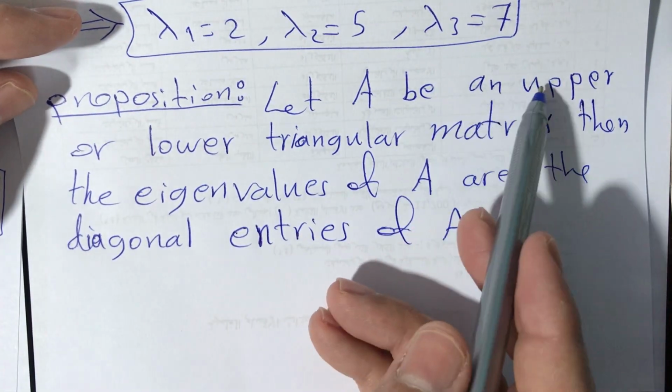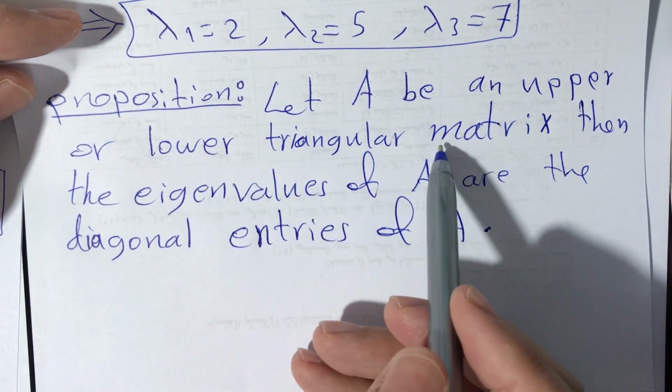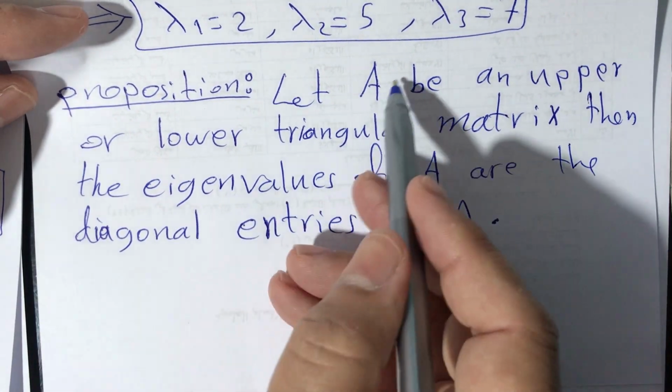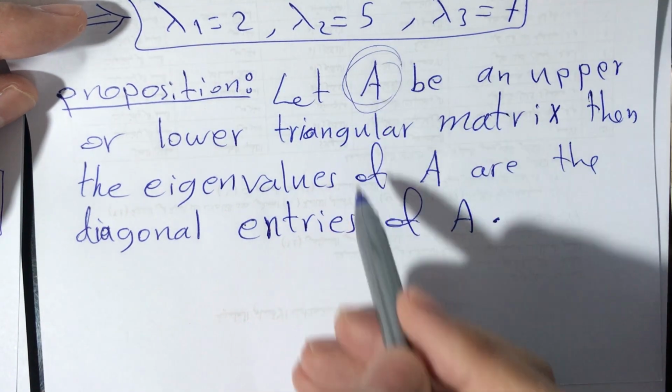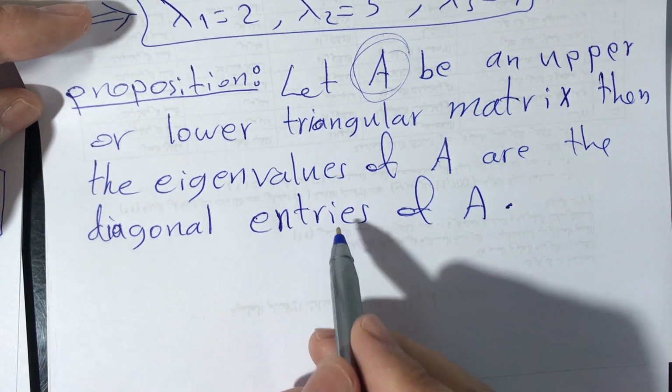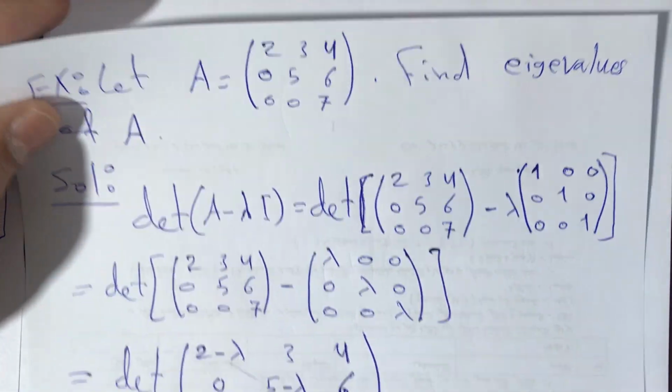Let A be an upper or lower triangular matrix. Then the eigenvalues of A are the diagonal entries. So this is an example for this proposition.